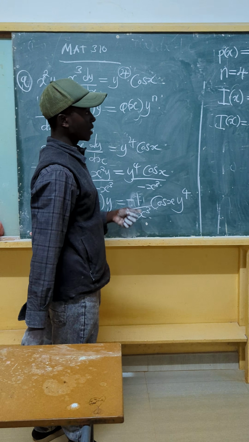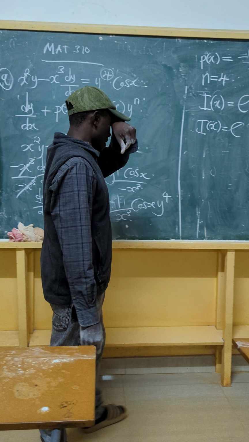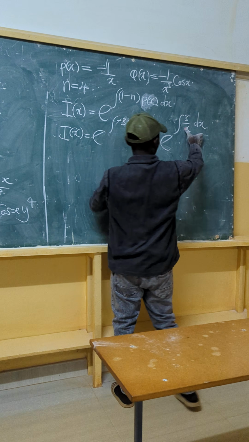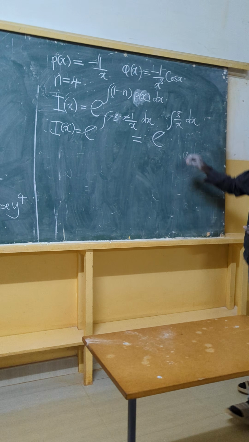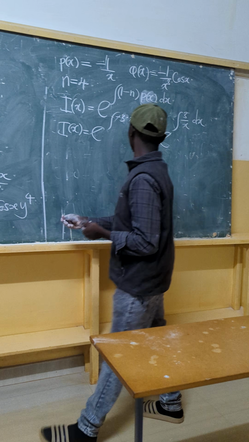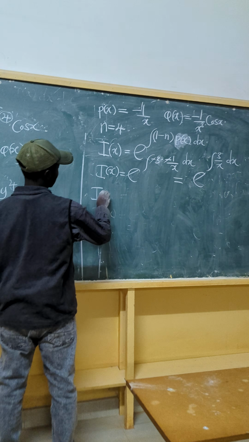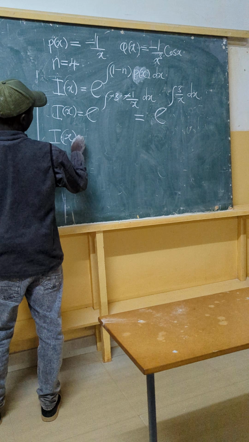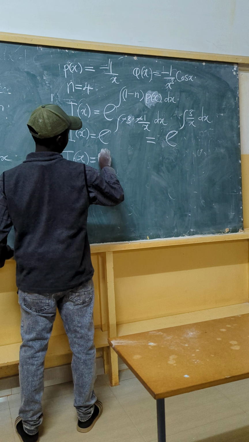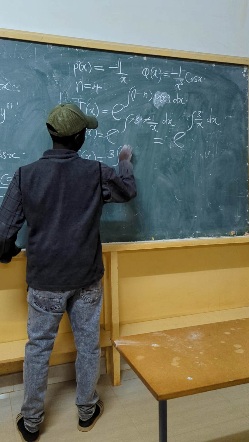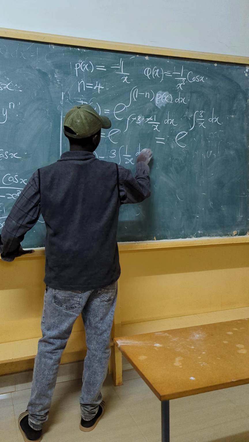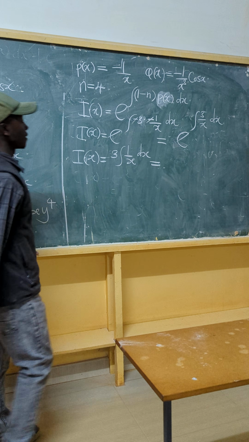Now we need to integrate this part. You factor out the 3 outside the integral, so that becomes 3 times the integral of 1 over x dx.